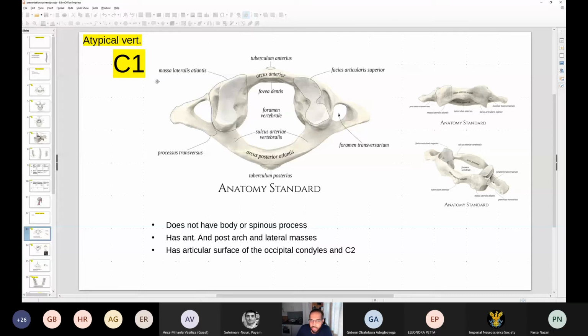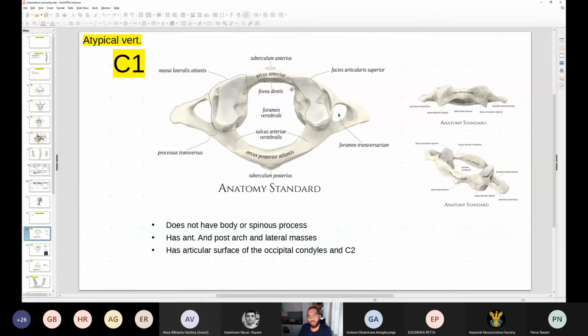First, orientation. Maybe the very first thing that you would notice is that it doesn't have a true body. You can't actually see a bony bulk sitting in the middle, and you can point to it and say this all looks like a ring, right?